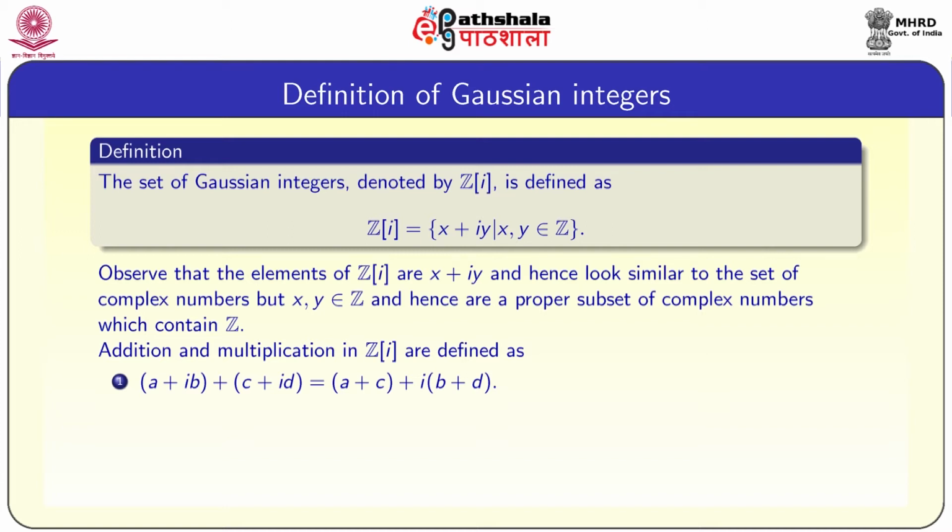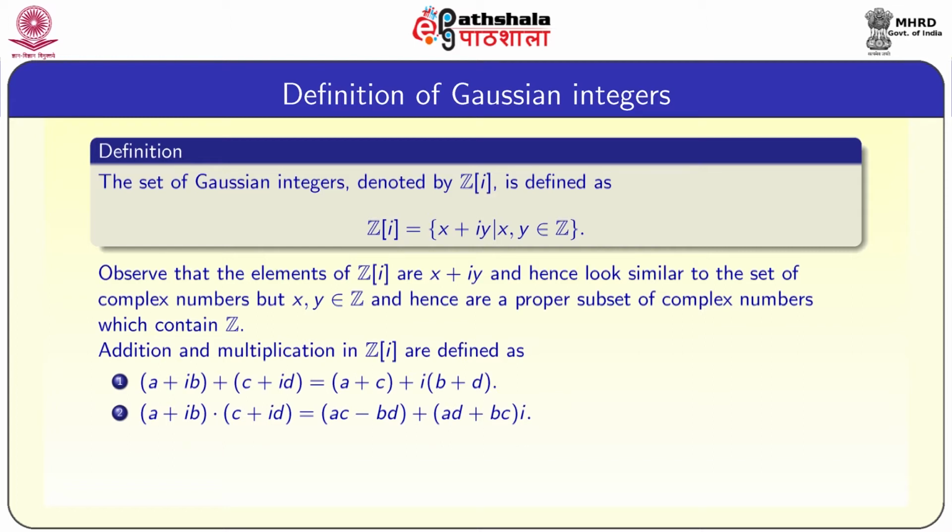Addition and multiplication in Z[i] are defined as follows. Addition is defined as a plus ib plus c plus id is equal to a plus c plus i times b plus d, and multiplication is defined as a plus ib into c plus id, which is equal to ac minus bd plus ad plus bc into i.